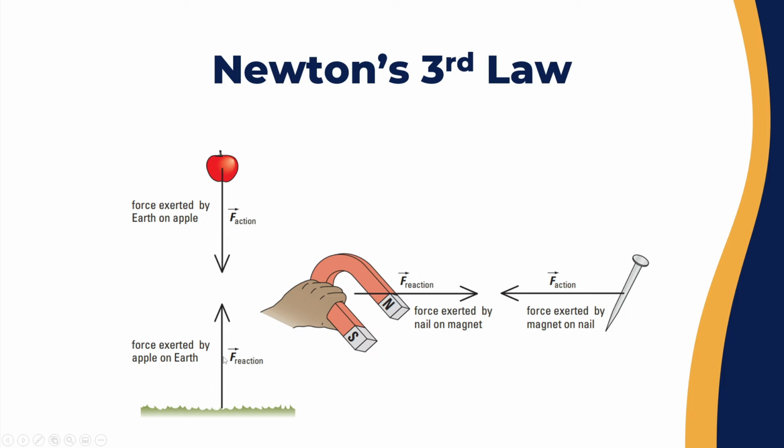So when the apple falls on earth due to gravity force, then there is a reaction from the earth to the apple. That's why when you drop an apple or a ball, it will keep bouncing above the surface until it settles down eventually. Another kind of non-contact force is between a magnet and a nail, or a magnet and another magnet. So the magnet is exerting a reaction on the action of pulling of that nail in this case.